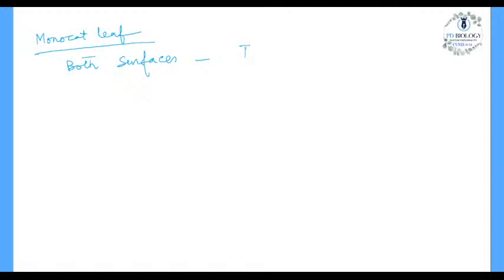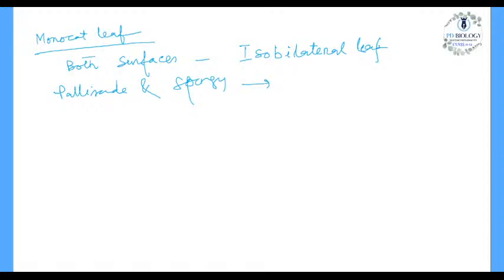That is isobilateral leaf. Mesophyll is not differentiated. In case of monocot, the palisade and spongy parenchyma are not differentiated.